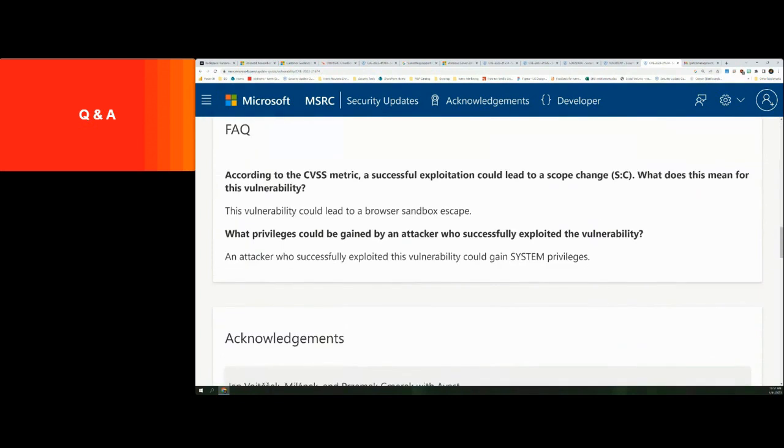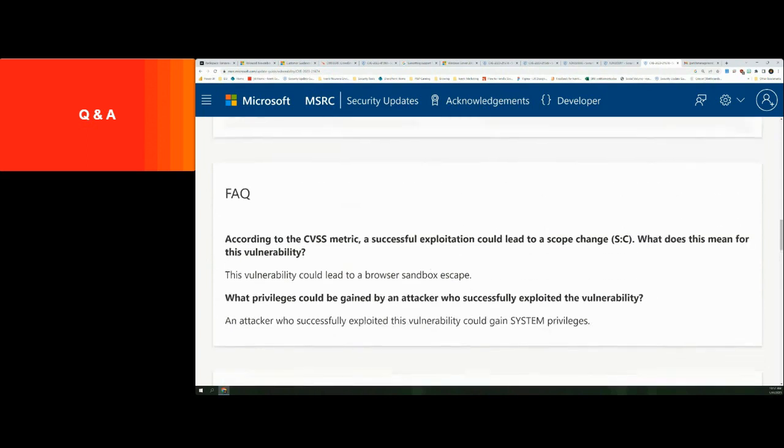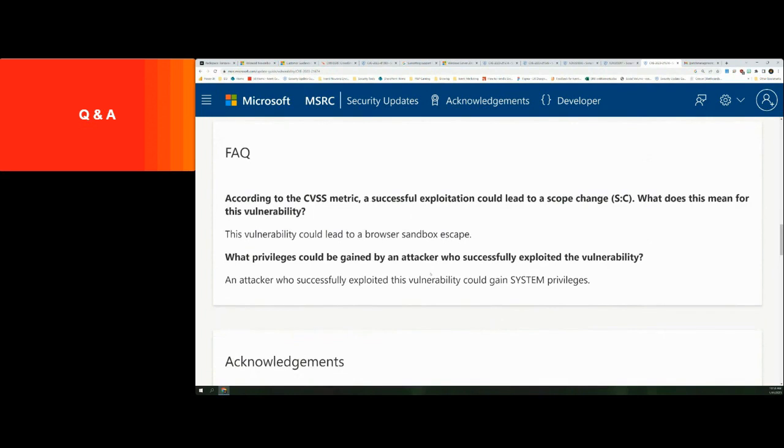After that, because of the browser sandbox escape, end user machines are a very easy way to get in, use this, break out of the sandbox, get the right level of privileges to start taking over a system, and then start looking for ways to move laterally. So with that, I would say if you can do end user systems within the next week or so, that'd be ideal. And the full environment within 14 days, again, ideal. But that's the best guidance I can give there without knowing your specific organization and situation. So hopefully that helps.